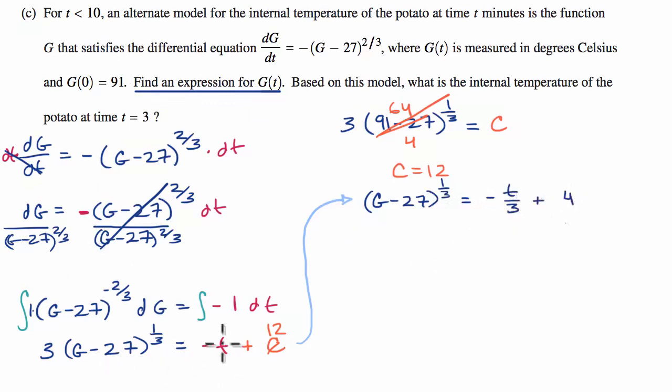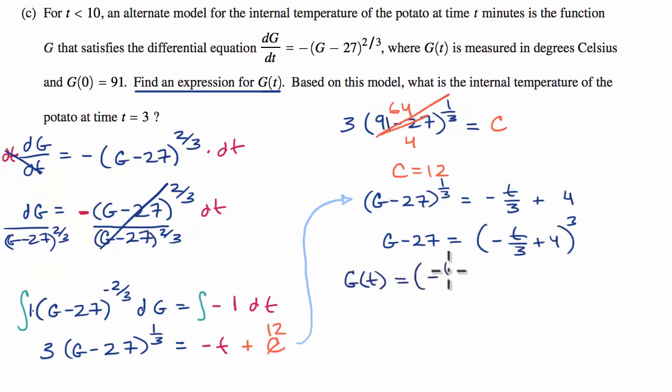Now I can take the cube of both sides, and I would get g minus 27 is equal to (negative t over 3 plus 4) to the 3rd power. And now I just have to add 27 to both sides. G as a function of t is equal to (negative t over 3 plus 4) to the 3rd power, plus 27. This right over here is an expression for g of t.